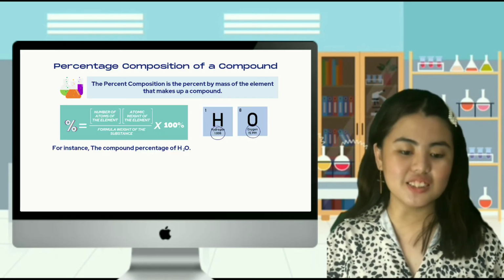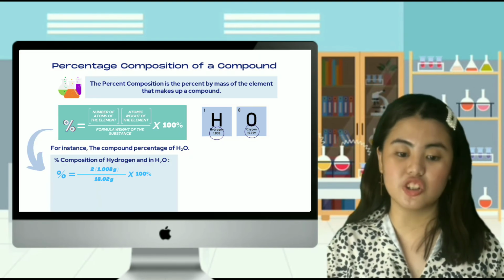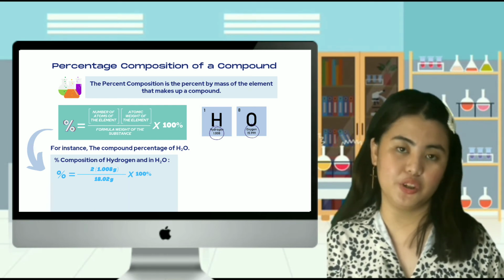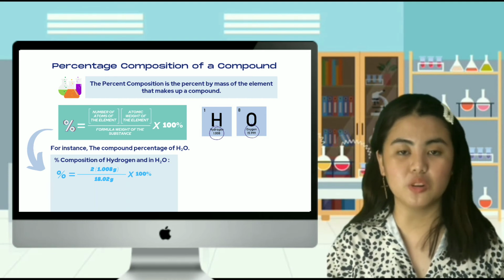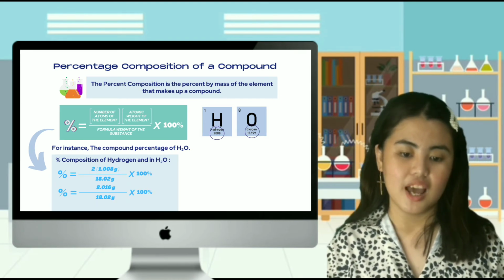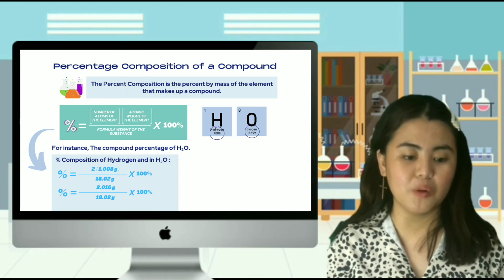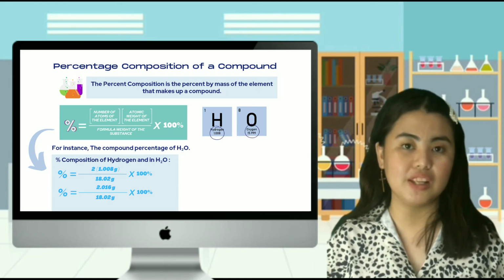So, for instance, one mole of water, or H2O, weighs 18.02 grams, and there are 2 moles of hydrogen atoms in the molecule. By multiplying 1.008 grams by 2, we get 2.016 grams. To get the percentage of hydrogen, divide 2.016 grams by 18.02 grams and multiply by 100.